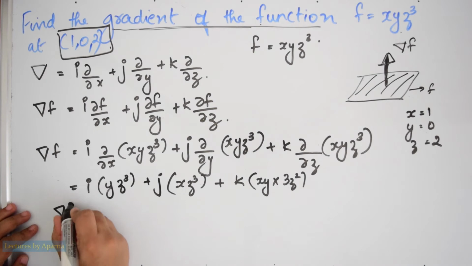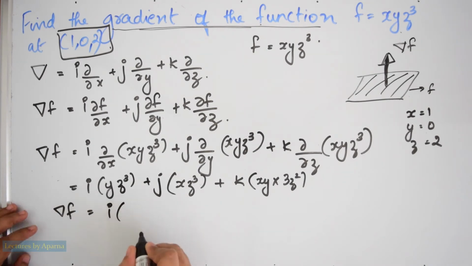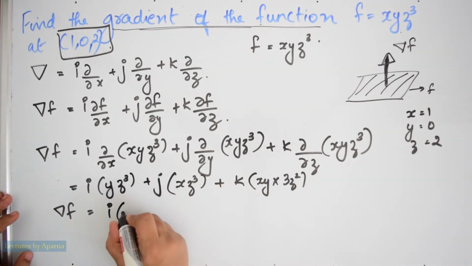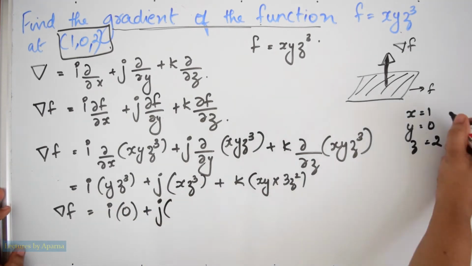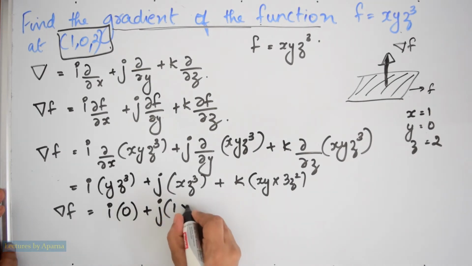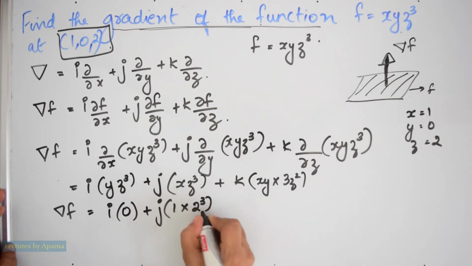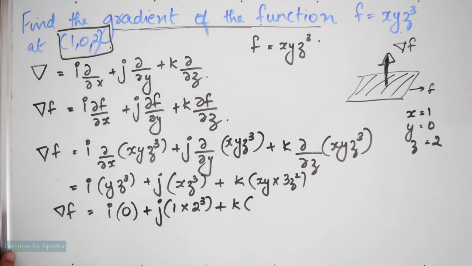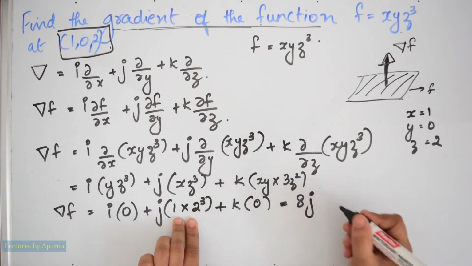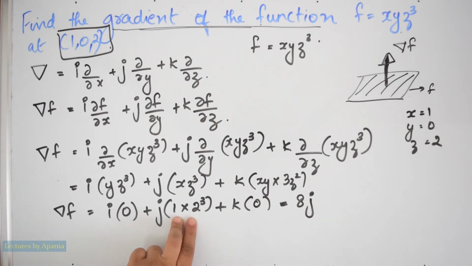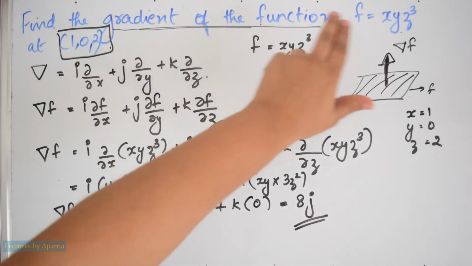Now del f will become i into, y is 0 here, so 0, plus j into x is 1, z is 2, so 2 cube, plus k, again there is y which is 0, so this whole term will become 0. This will be equal to 8j, only this term will be there. So this is the gradient of this function.